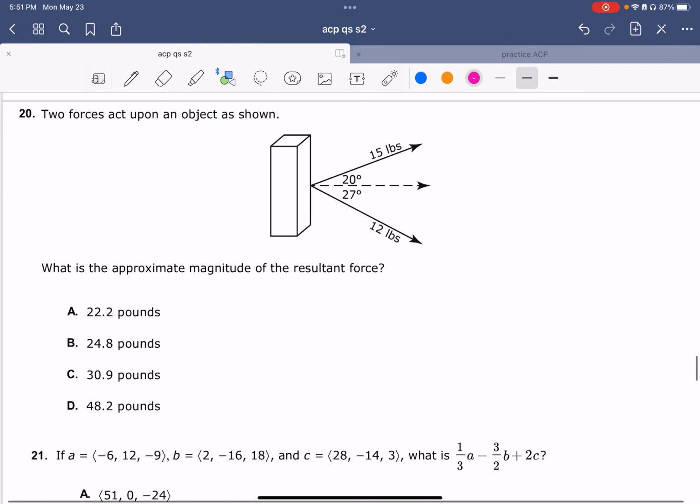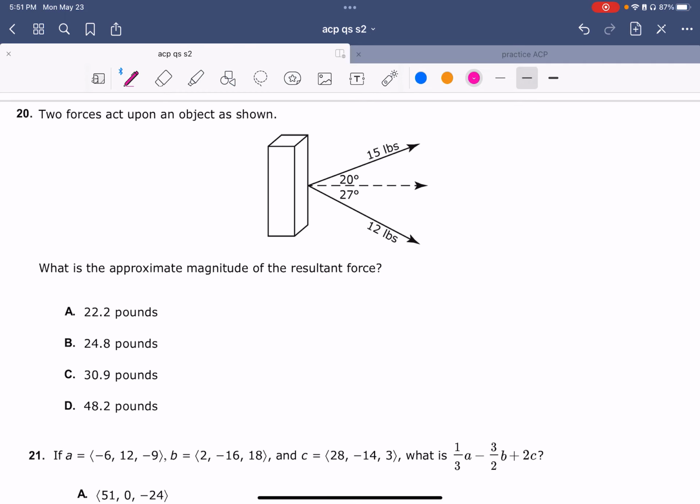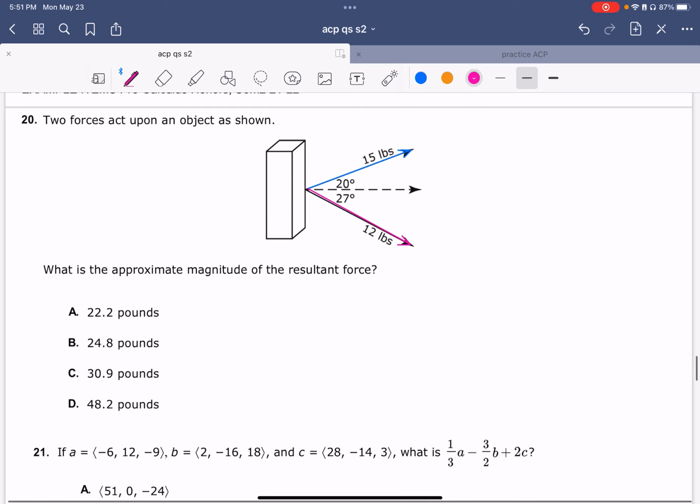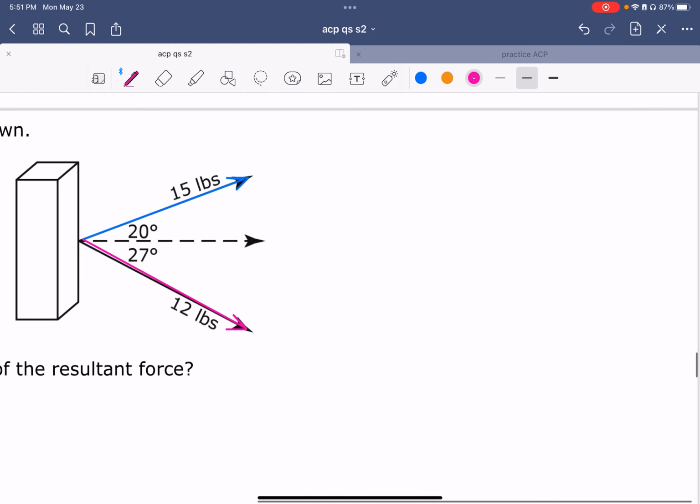Two forces act upon an object as shown. What is the approximate magnitude of the resultant force? So I'll do one of these in blue and I'll do the other one in pink. Okay, so we got to do each of these in component form.